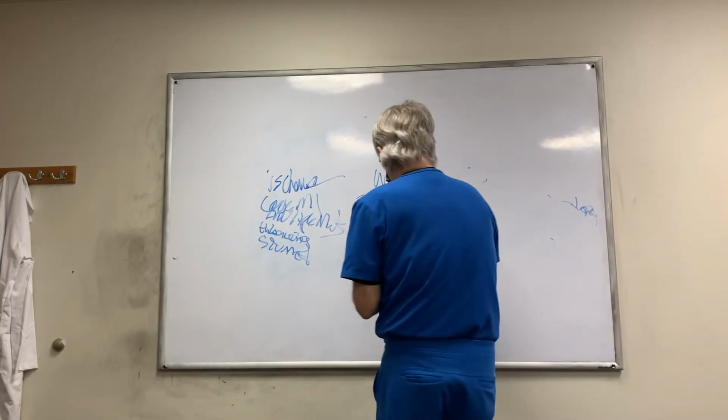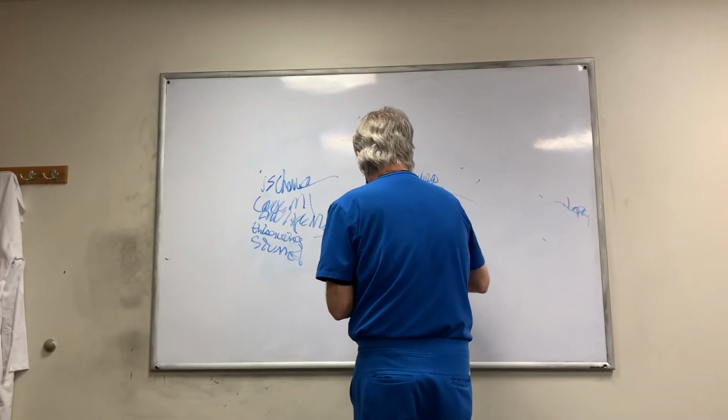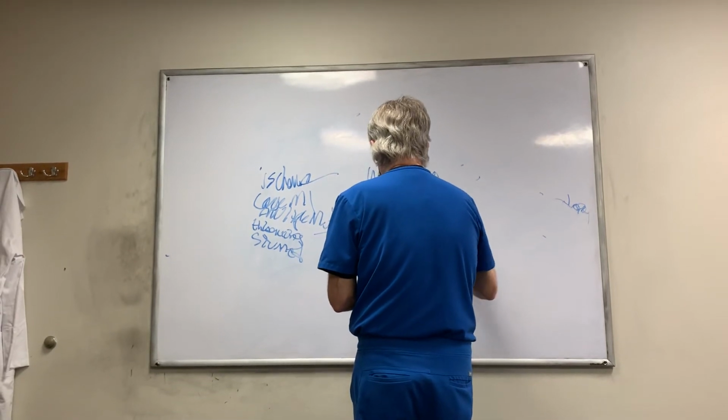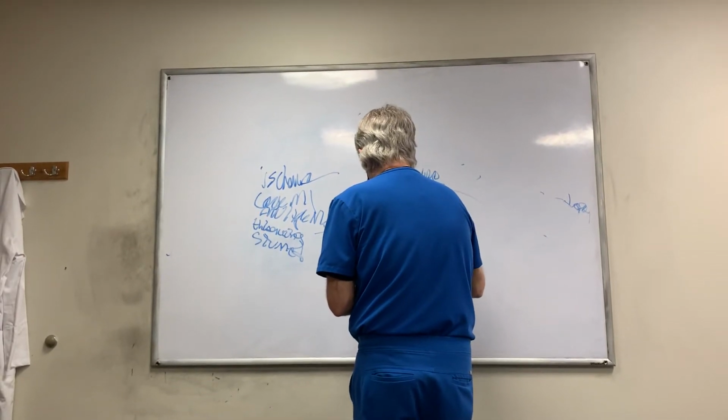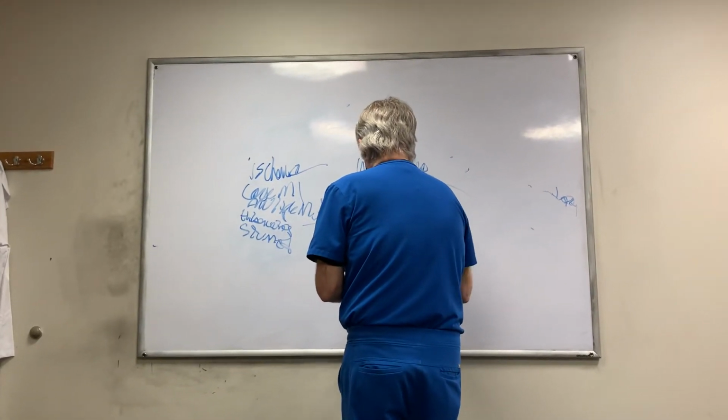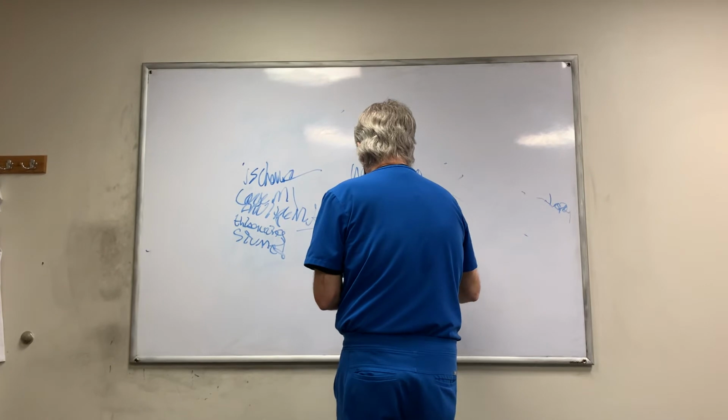It could be due to viral myocarditis, and we see this in young people. They may or may not recover. It could be related to alcohol use. It could be postpartum in a certain type of person.